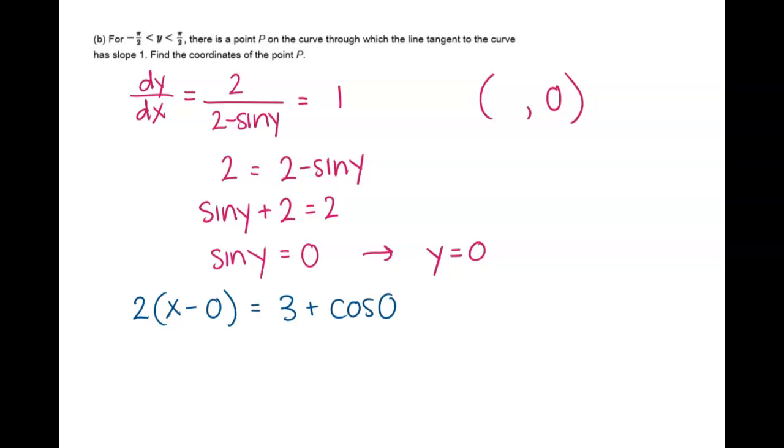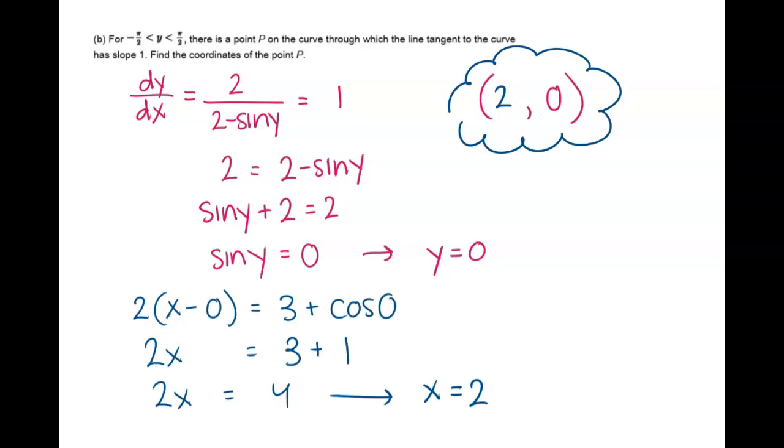X minus 0 is just x, so we end up with 2x equals 3 plus cosine of 0, which is 1. So 2x equals 4 and x equals 2. Now we have our x value. So the coordinates of point P, or where the tangent line has a slope of 1, are (2, 0).